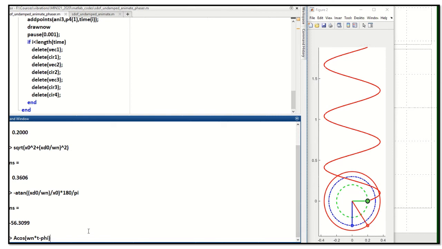Or you could have also written this as A times sine of omega n t plus a different angle phi 2, where phi 2 I would have measured in this way.